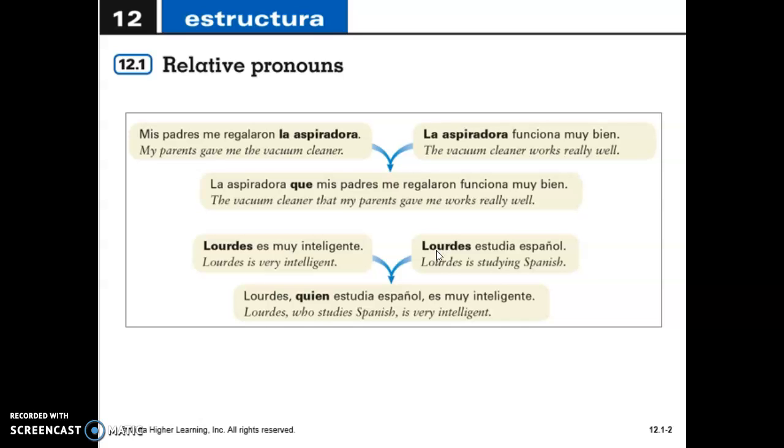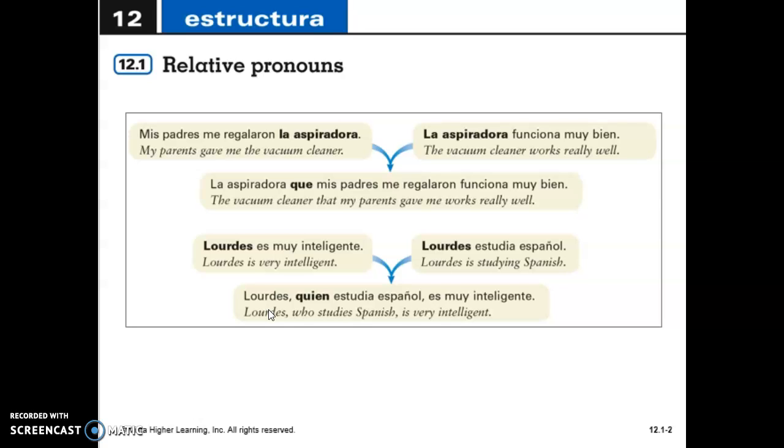So you can see in here that we are using two commas because we are providing a clarification between these two commas, okay? So we are saying Lourdes, quien estudia español, es muy inteligente. Actually, we can also combine this in a different way, and we can say Lourdes, quien es muy inteligente, estudia español.